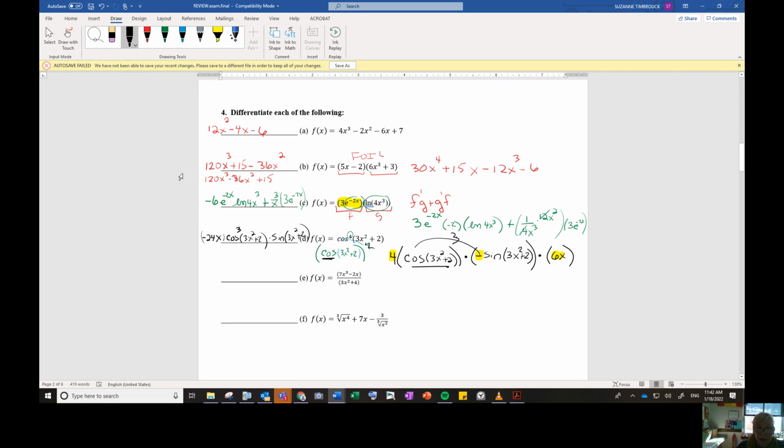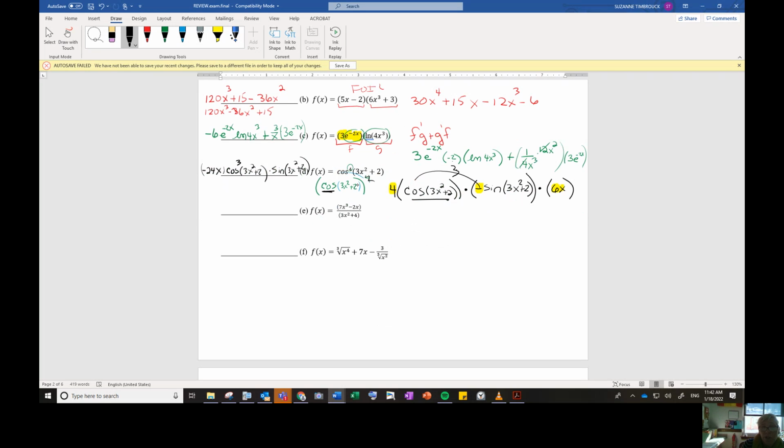All right. Letter E is a quotient rule. The top is F, the bottom is G, and your quotient rule is F prime G minus G prime F all over G squared. All right, derivative of the top. 7 times 3 is 21, so it's 21x squared minus 2.